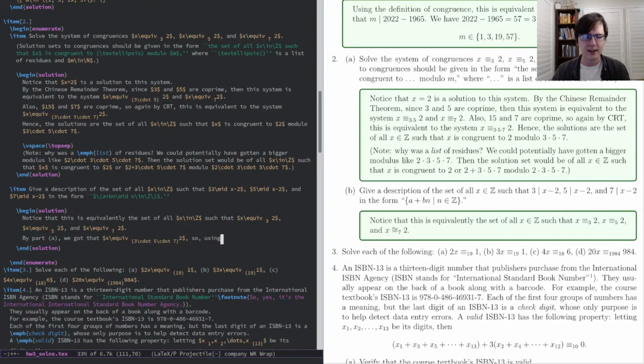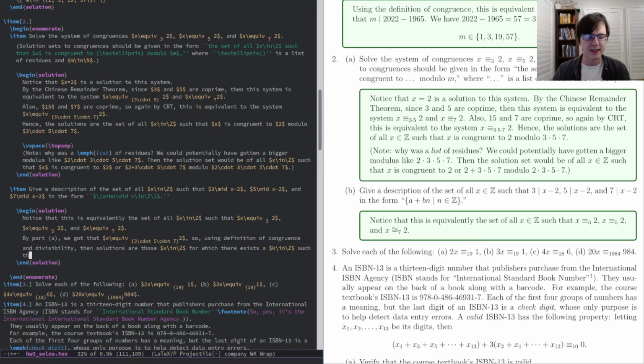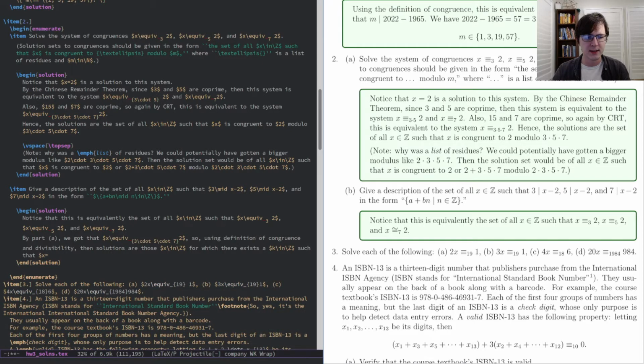So using the definition, this was a lemma in lecture, using the definition of congruence and divisibility, then solutions are those x in Z for which there exists a k in Z such that x is equal to 2 plus 3 times 5 times 7 times k. I'm just going to put that in parentheses and not worry about it. Okay.